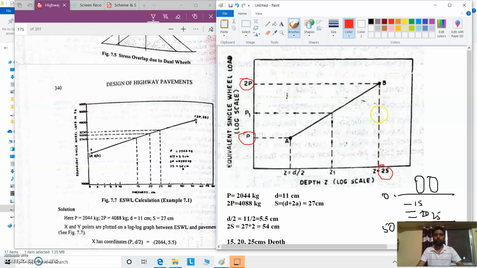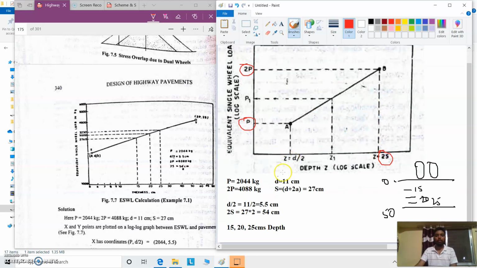Once we know that the P value is given as 2044 kg, that will be on the y-axis. On the y-axis we plot the wheel loads, starting from 2044 kg, that is P, and 2P will be 4088 kg, two times 2044, at the top. These are the two boundary loads.